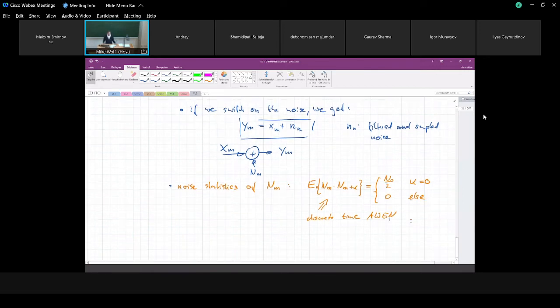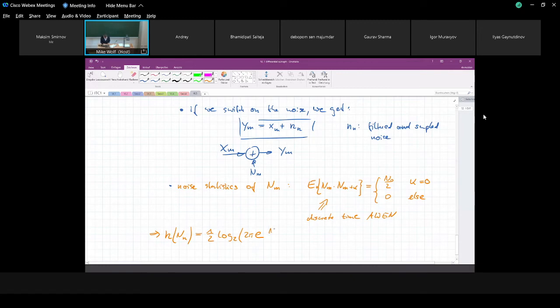Now we have everything. Because now we know X and N are statistically independent. The signal is statistically independent from the noise. Okay, and then we can say, the differential entropy of each noise sample, how large is it? It's 1/2 log2 of 2 pi e times the second moment of the noise.